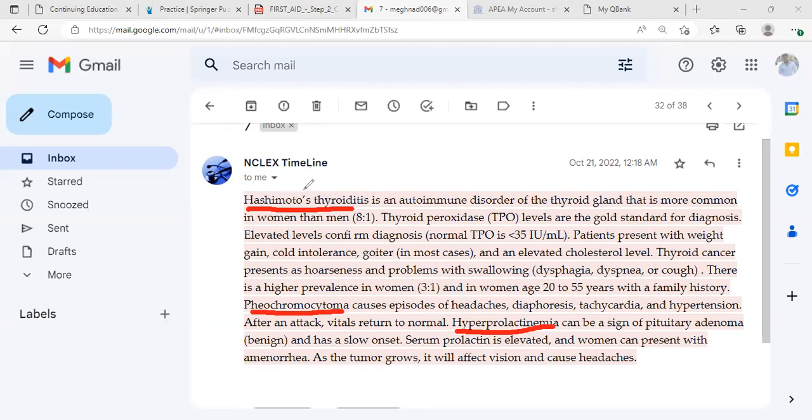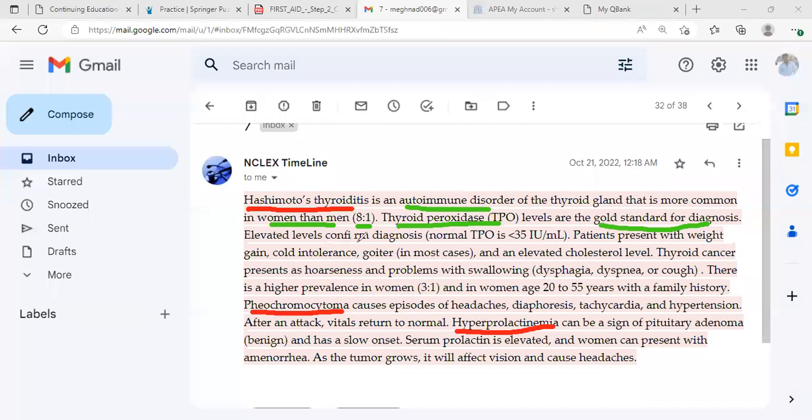Hashimoto thyroiditis, it is an autoimmune disorder, right? And it is more common in females than men. And you see the ratio 8:1. So thyroid peroxidase, it is called TPO. It is the gold standard for diagnosis.